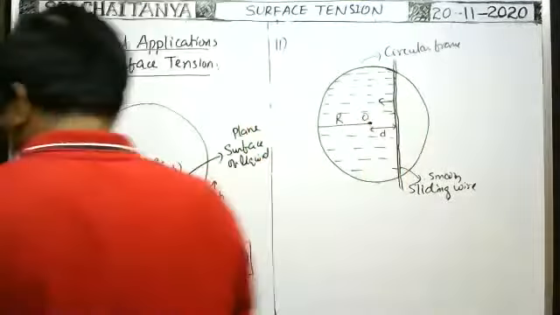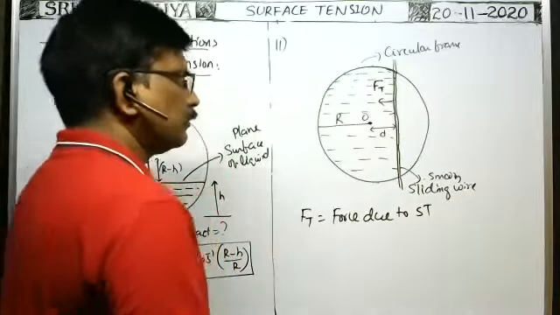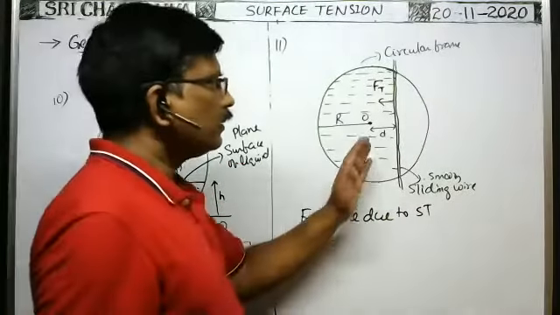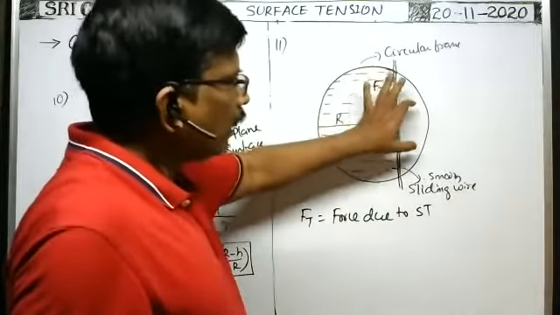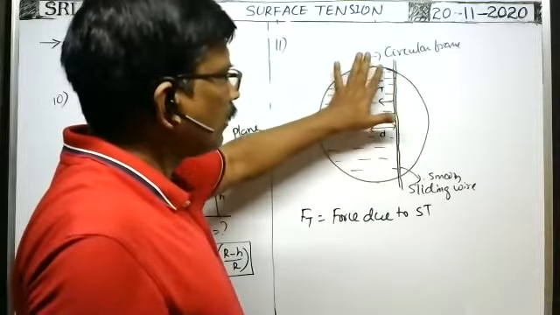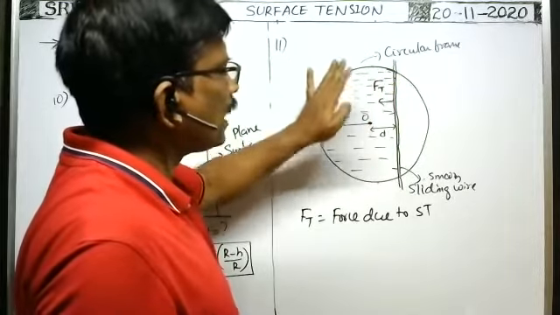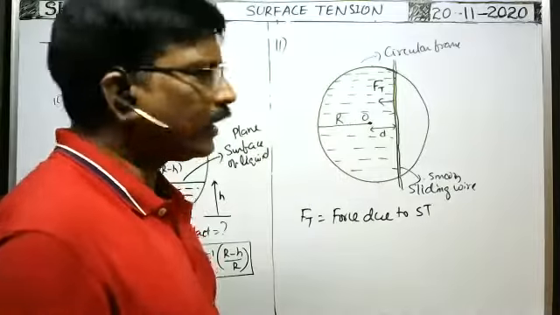Force due to surface tension, F suffix T. Force due to surface tension acts on the sliding wire towards left. Because of that, the sliding wire moves in this direction so that the surface area of the soap film becomes as minimum as possible.